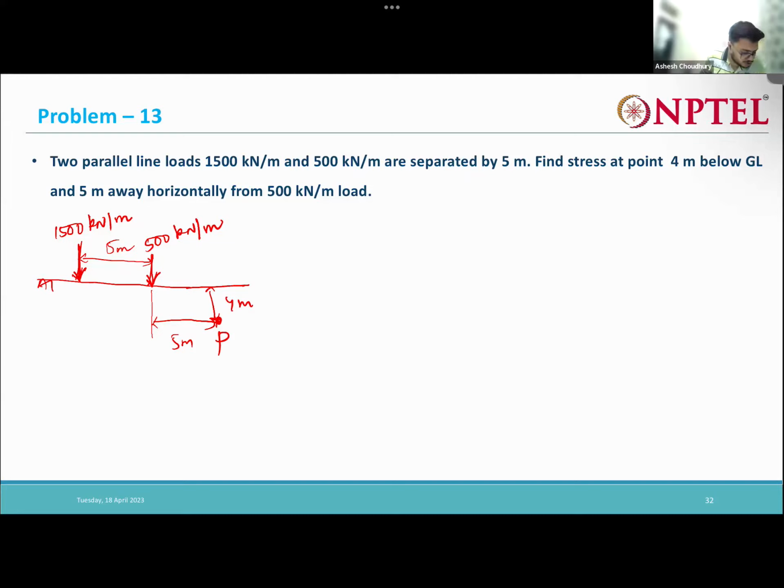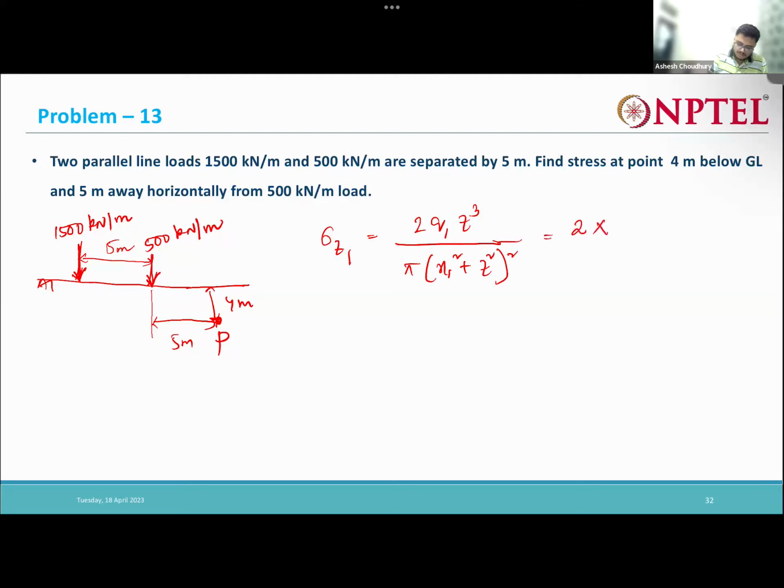So now let us first find the stress due to the line load of 1500 kilonewton per meter at the point. So delta sigma Z1 is 2 Q1 Z cube by pi times (x1 square plus Z square) whole square.